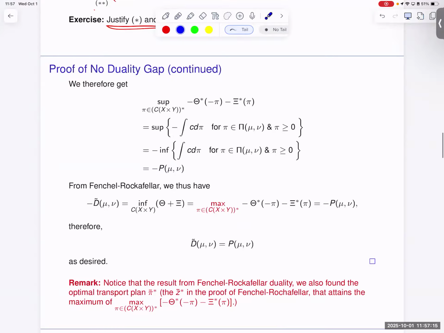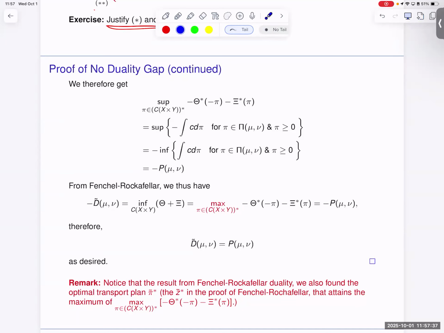So that is actually an optimal transport plan. So this Fenchel-Rockafellar theorem not only shows no duality gap, but also shows the existence of an optimal solution of the original optimal transport problem.